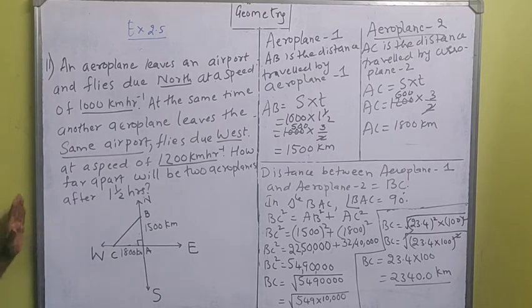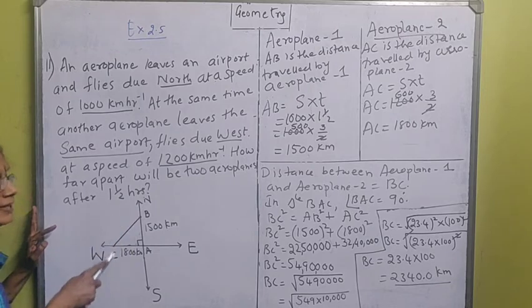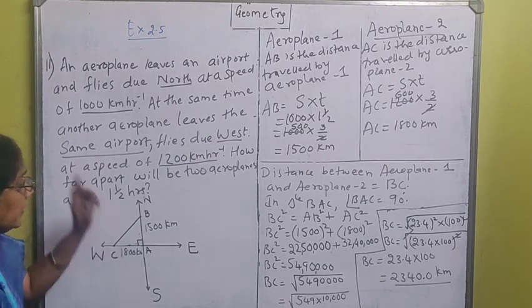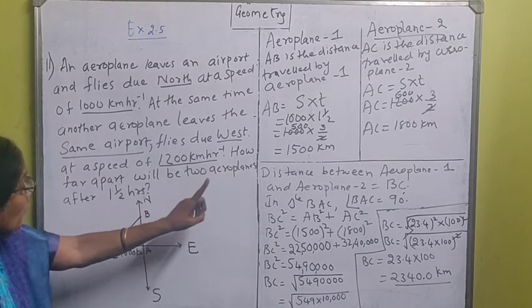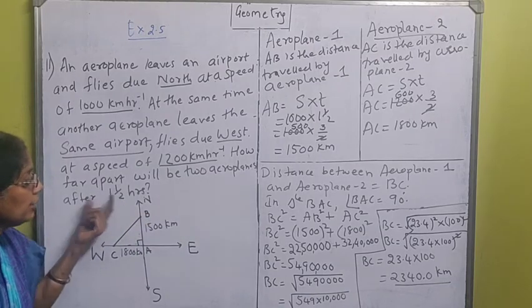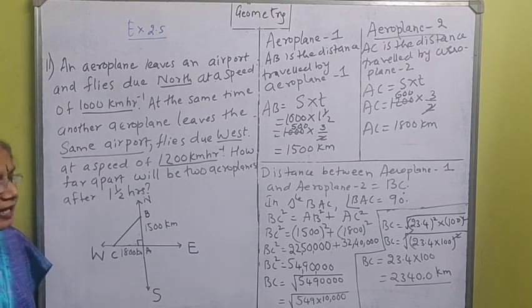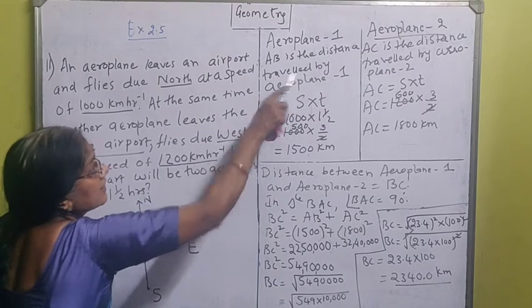And what he asked is the distance between the first aeroplane and the second aeroplane after 1.5 hours. That is BC. Here he has given the speed of the first aeroplane and the speed of the second aeroplane, and the time taken is the same. So we have to find the distance AB and the distance AC.